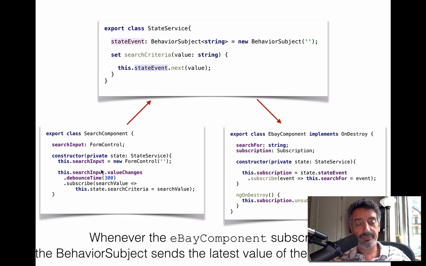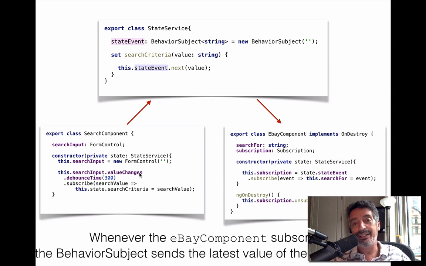So what happens in the search component? The search component, as I said, has an input field. I'll show you in the code. It's not shown on this slide. The input HTML field is a form control. And I subscribe to the value changes of that input field. As soon as I type something in, I will be getting values.